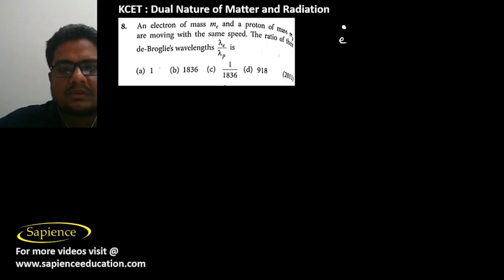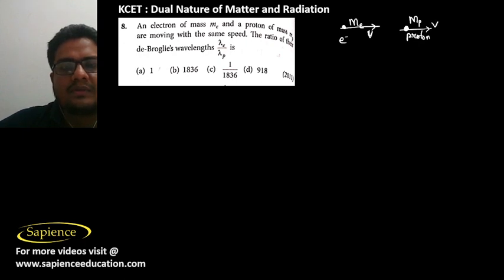Then question number 8. An electron of mass me and a proton of mass mp are moving with the same speed v, suppose.